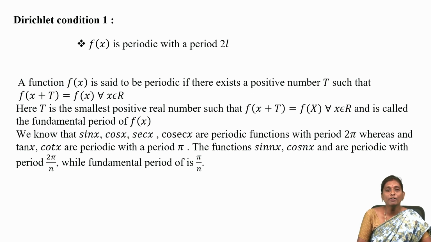A function f of x is said to be a periodic function if there exists a positive number T such that f of x plus T is equal to f of x.